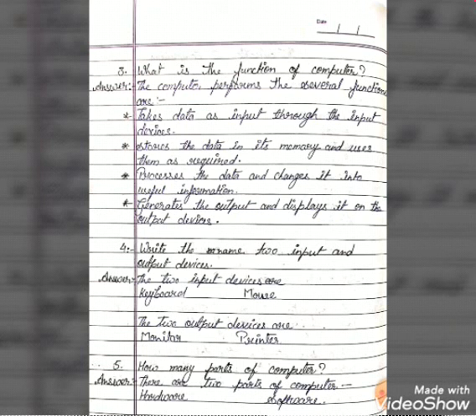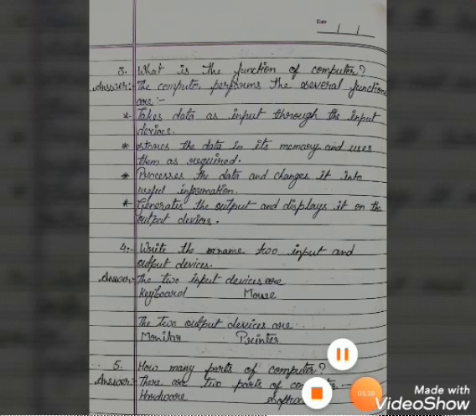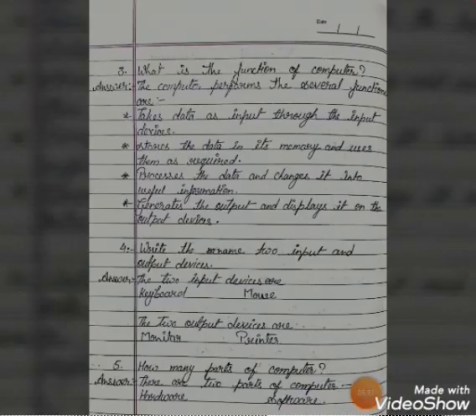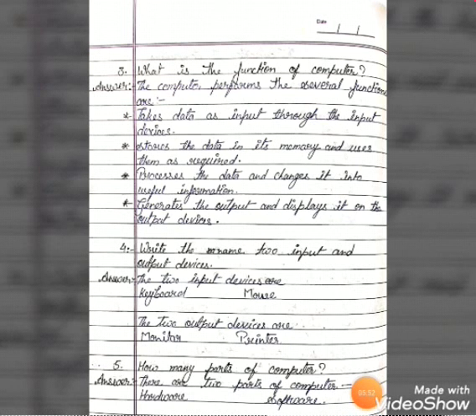Second, it stores the data in its memory and uses it as required. Third, it processes the data and changes it into useful information. Fourth, it generates the output and displays it on the output device. You can also go through page number 10, where the functions of a computer are given.